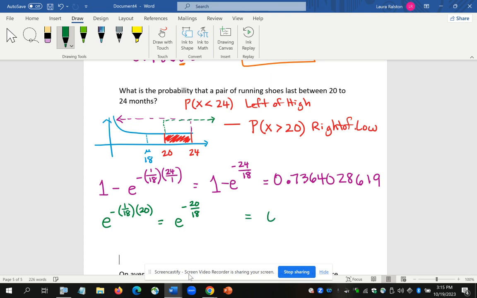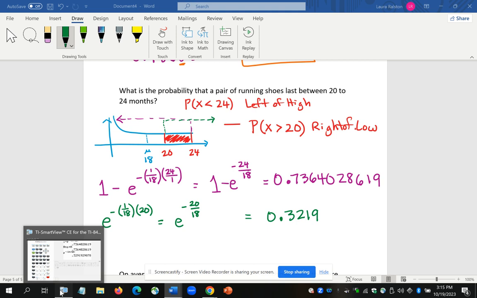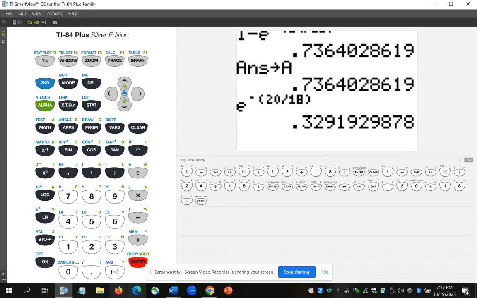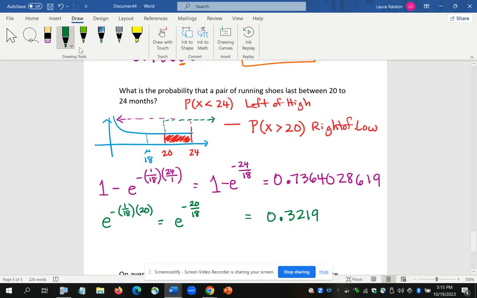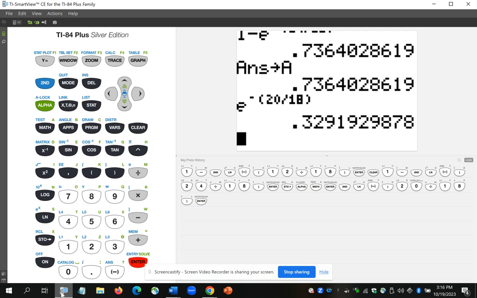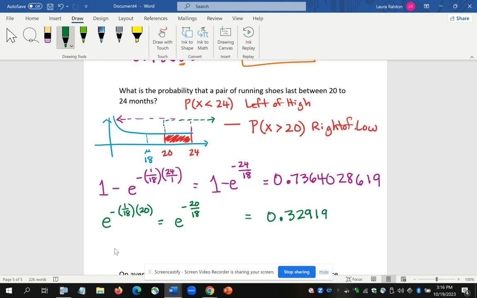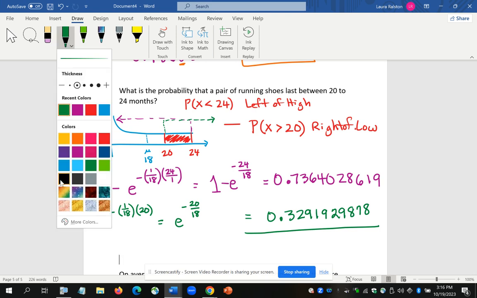Oh, 0.4919, excuse me. My fault, got an error there, read it wrong. Then we're going to subtract those two numbers.